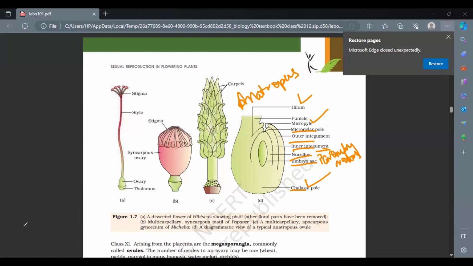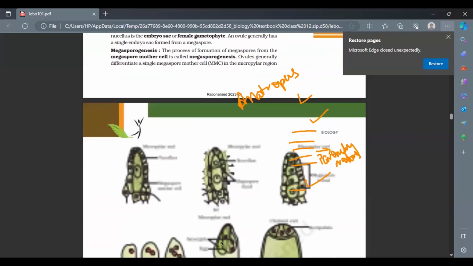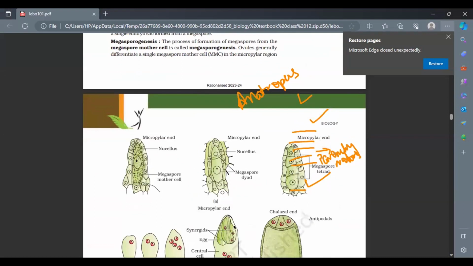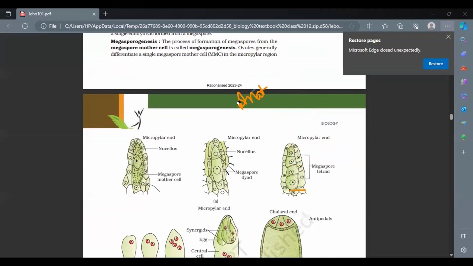Now, yesterday I also discussed the different types of cells located inside the embryo sac, inside the anatropous ovule.